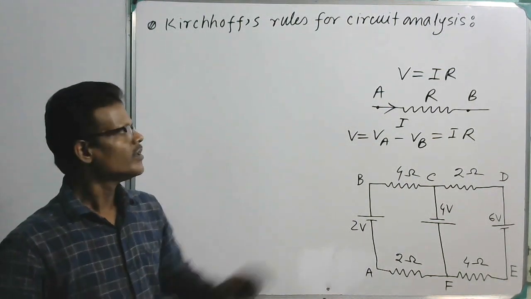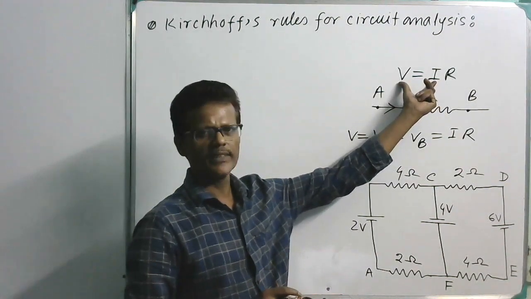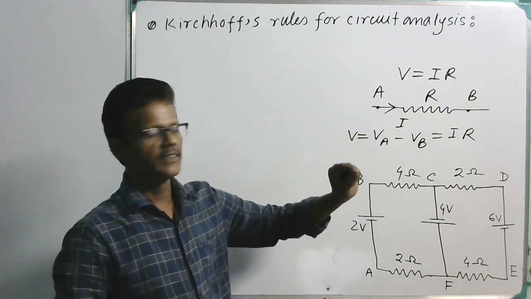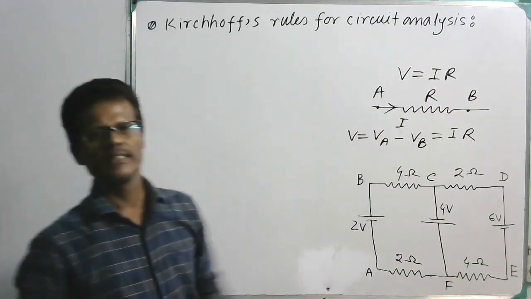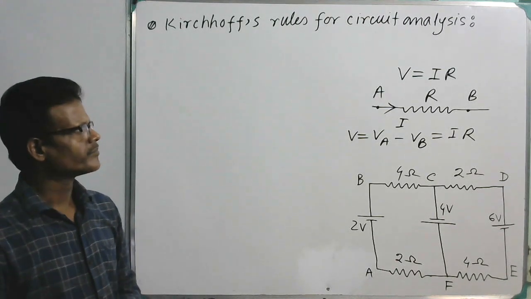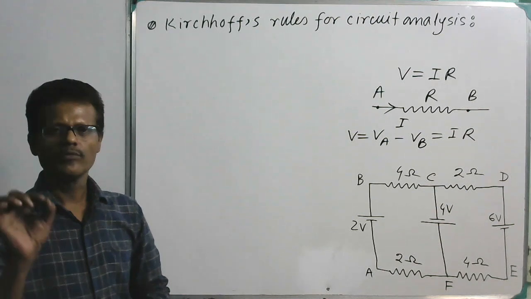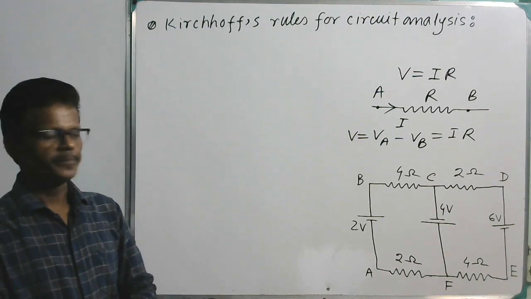If you know any two of three physical quantities, voltage, current, and resistance, by knowing any two of them you can calculate the remaining physical quantity. So there is a single equation, and you can calculate only one unknown physical quantity.